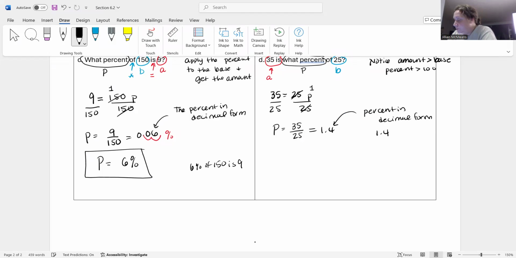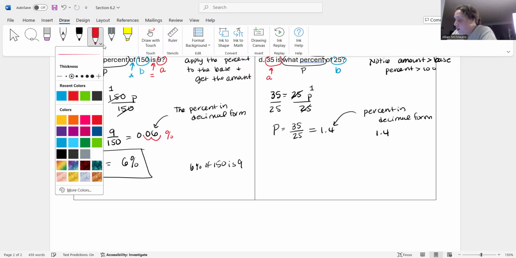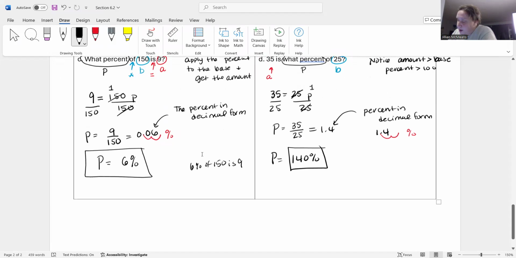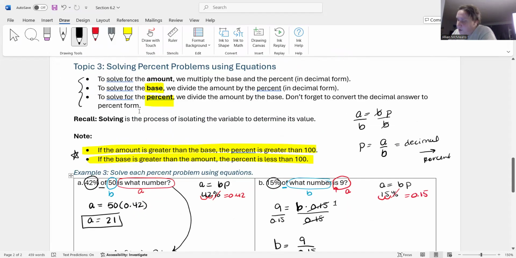So if I have 1.4, I move the decimal to the right twice, tack on a percent symbol. So I would say P equals 140%. Okay, so that is solving percent problems using the percent equation. All right.